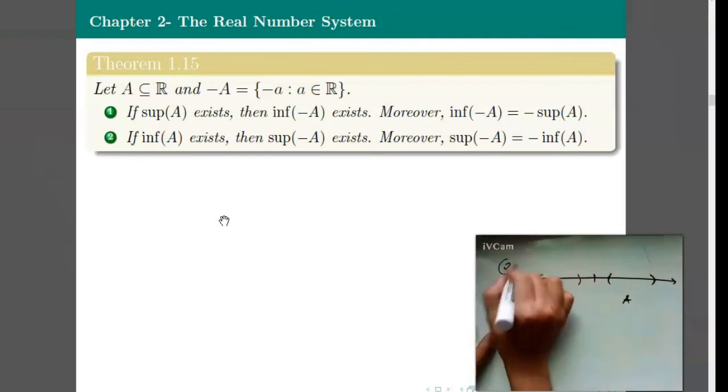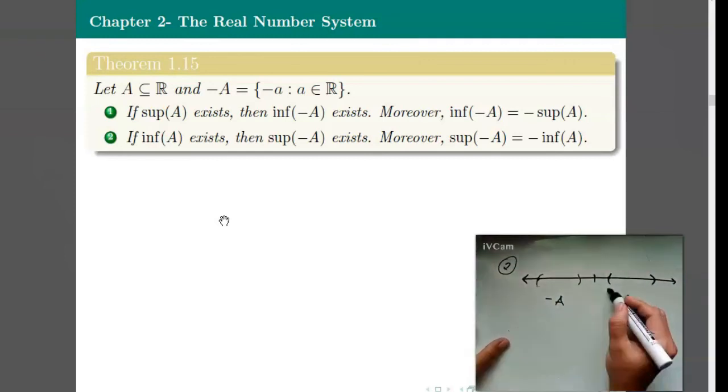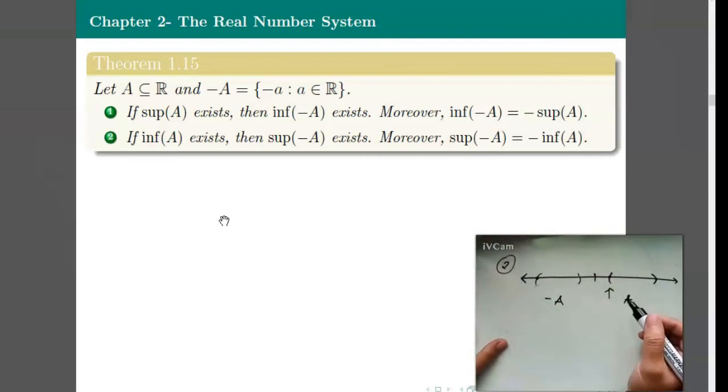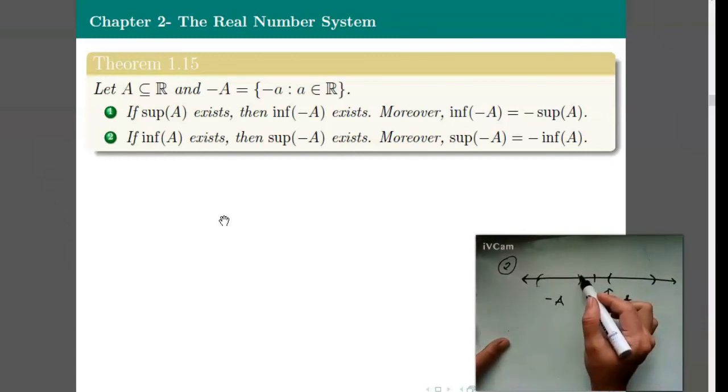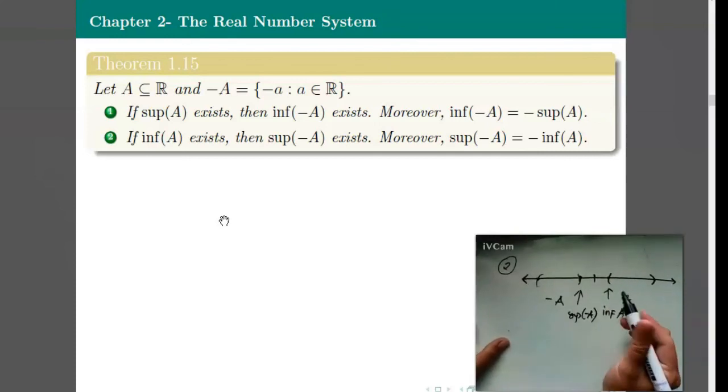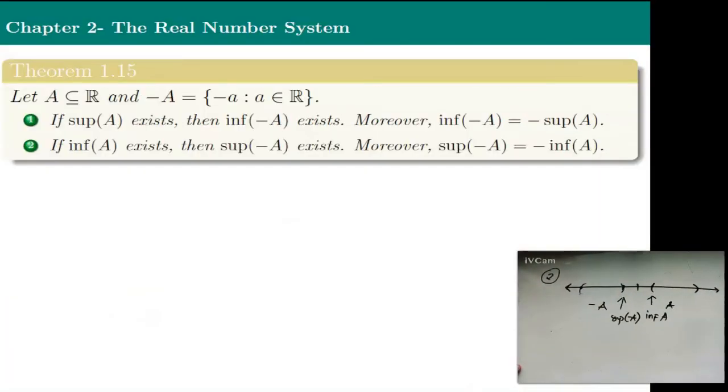For number 2, the second statement, if the infimum of A, this is the infimum of A, exists, then of course the supremum of negative A exists, and then we are to show that this is equal to the negative infimum of A.